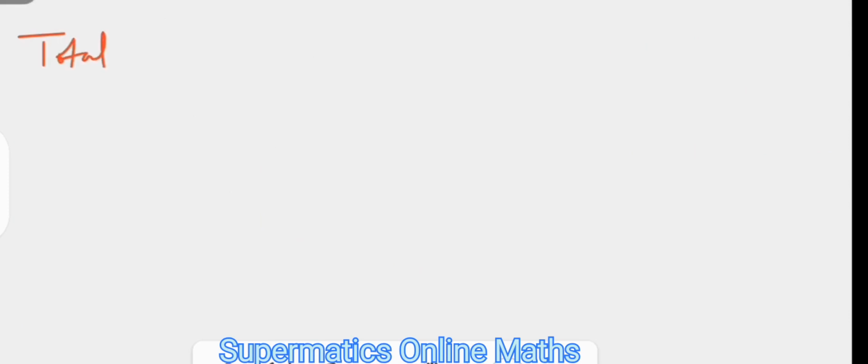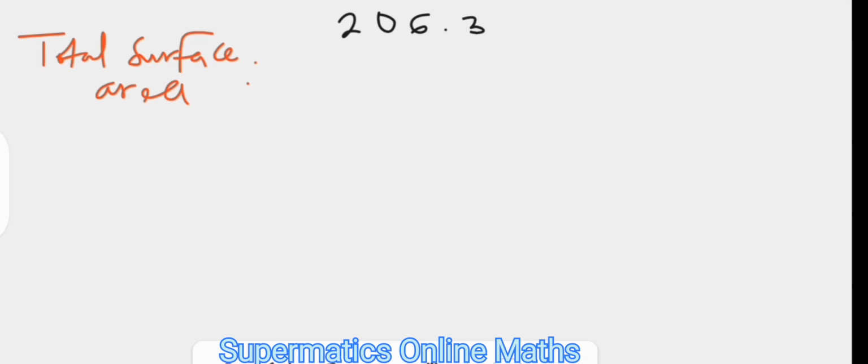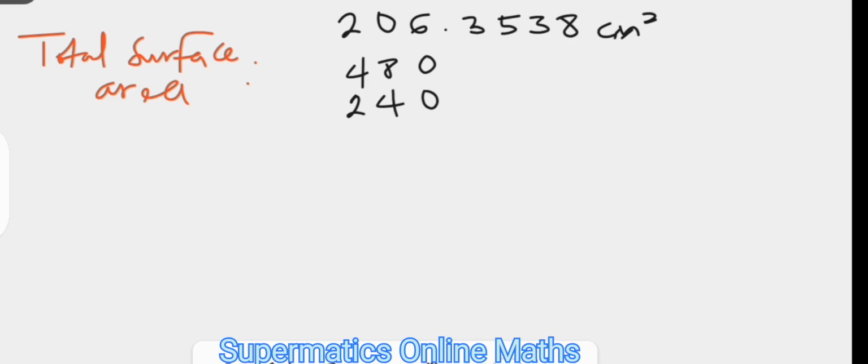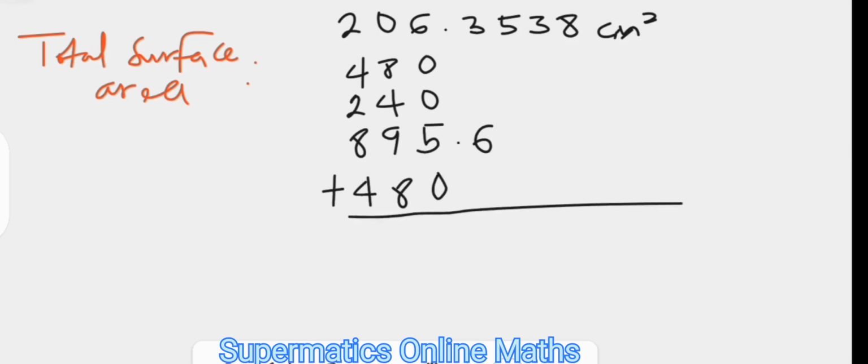So now we can find the total surface area of this trapezoidal prism. It's going to be the sum of the areas of the two trapezoids, 206.3538 centimeters squared, the top rectangle 480 centimeters squared, 240 centimeters squared for the back rectangle, 895.6 centimeters squared for the bottom rectangle, and 480 centimeters squared for the front rectangle.